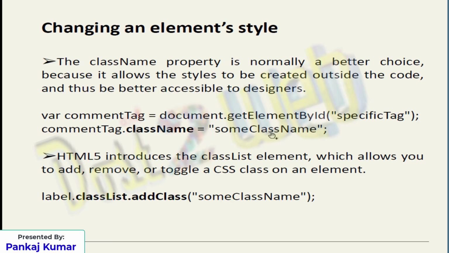That means HTML5 allows you to add, remove, or toggle a CSS class. You can see the example here, like label.classList. You are going to add the class. What class do you want to add? You can specify whichever class name you want and add it. But this was not possible in normal HTML. It is only possible in HTML5.